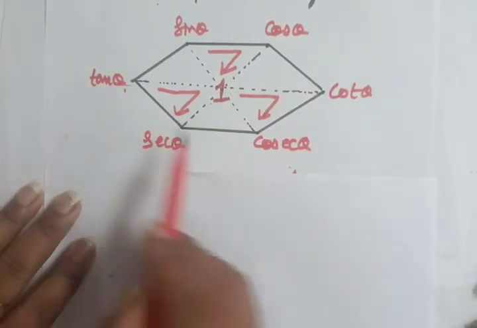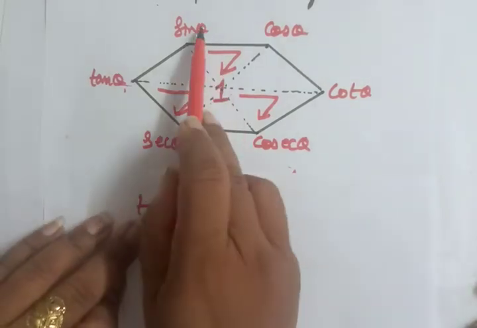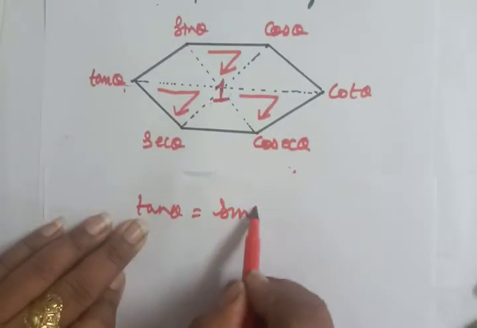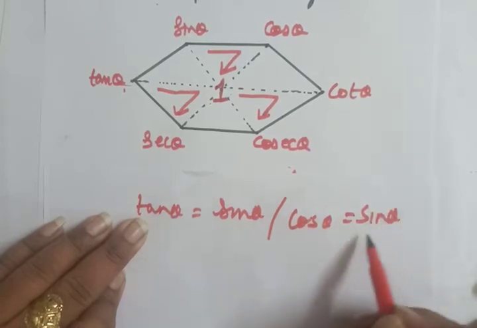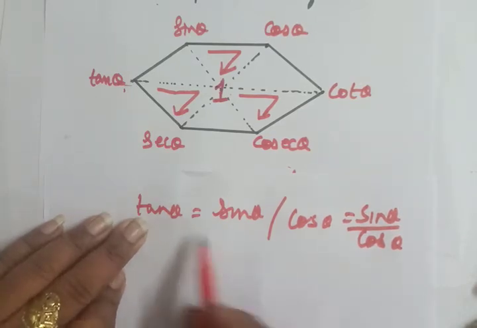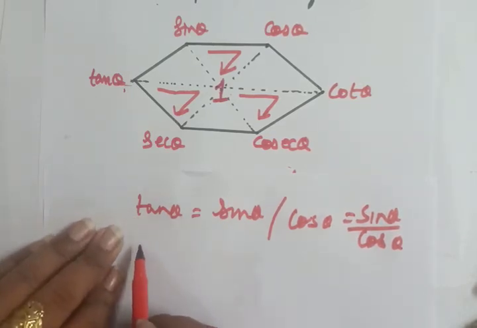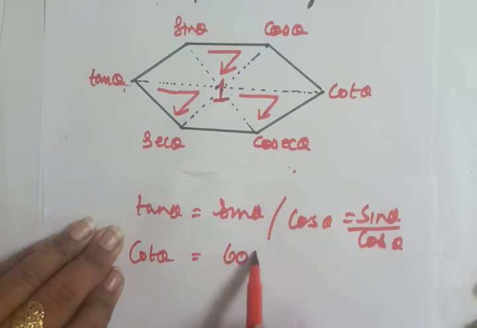See, tan theta is equal to sin theta upon cos theta. Means sin theta upon cos theta. Yes. Now what we can say here, cot theta, we will go here, cos theta upon sin theta.